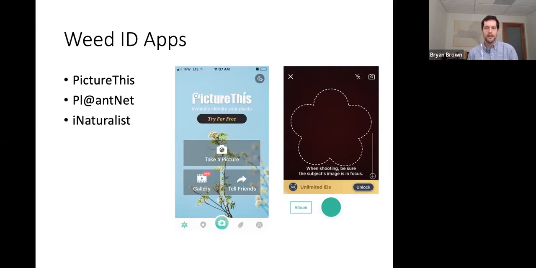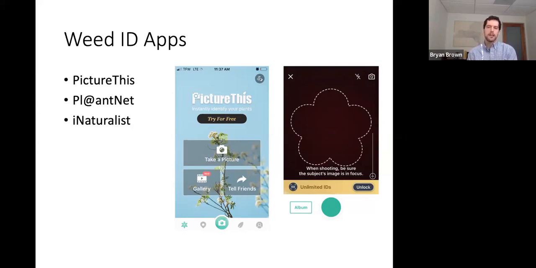You do have to take a good picture with a solid background, like the side of a truck, perhaps, or the blue sky. You've got to have one plant, not a background of green and other plants, and close-ups of the flower or the leaf are really helpful. So not from 10 feet away, but close up. If you do that, they're pretty darn accurate.